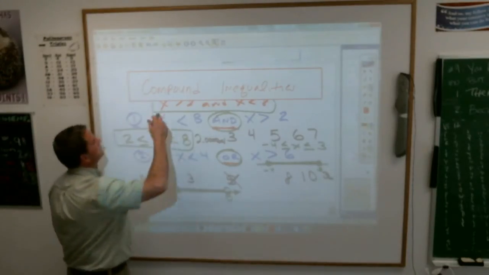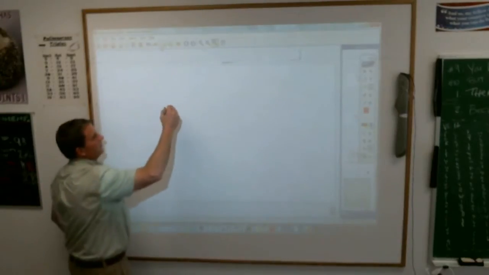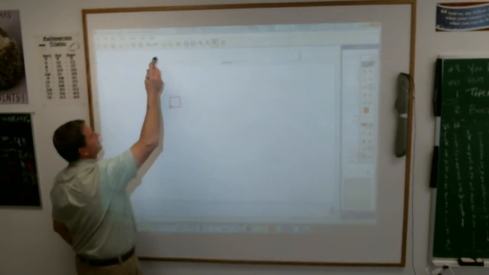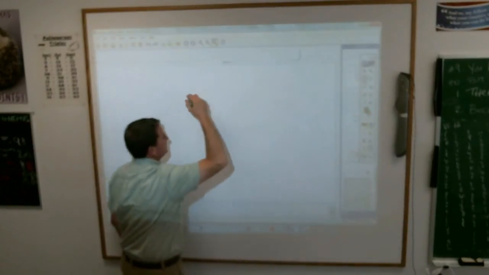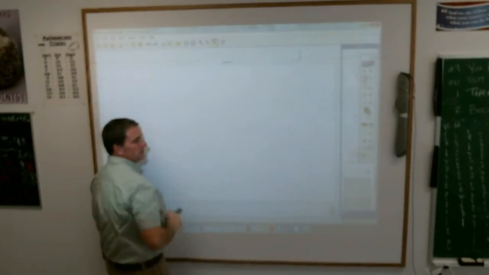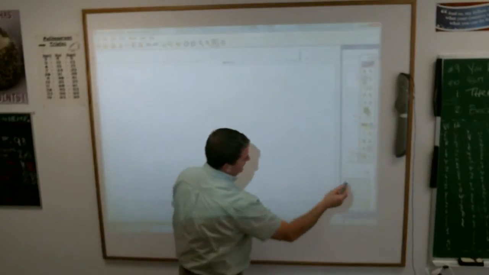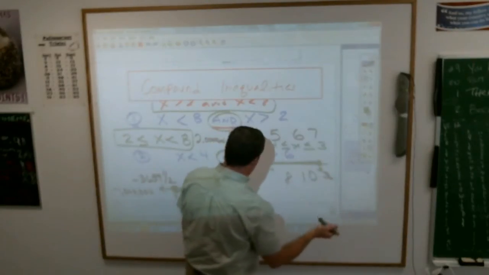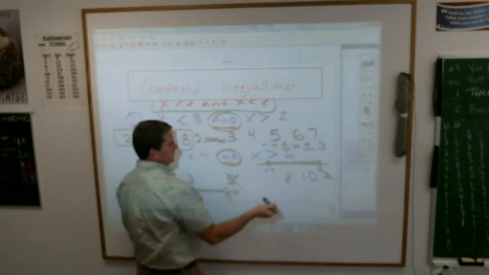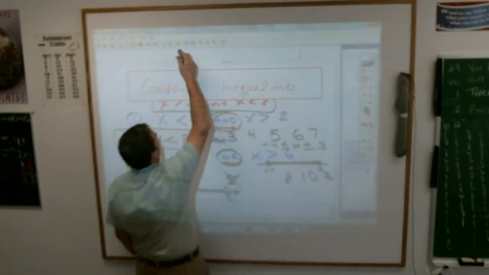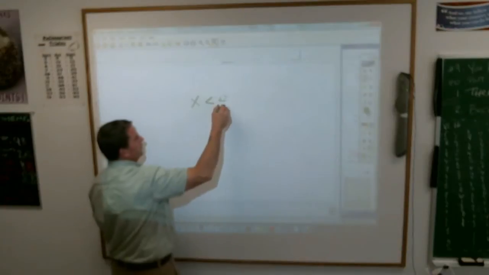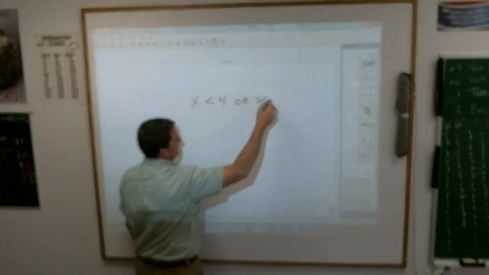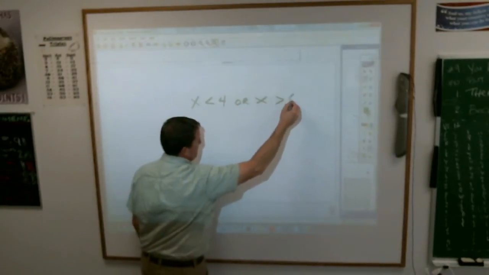What was the one I gave you? The one you just did, the other one, with 4 and 6. X is less than 4 or x is greater than 6.